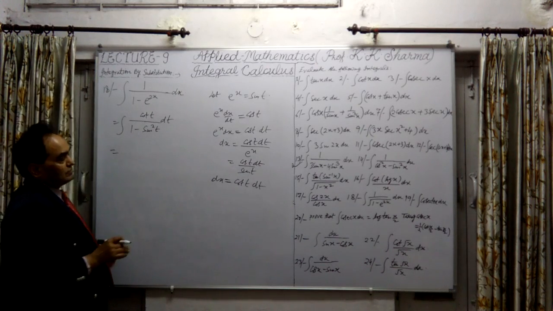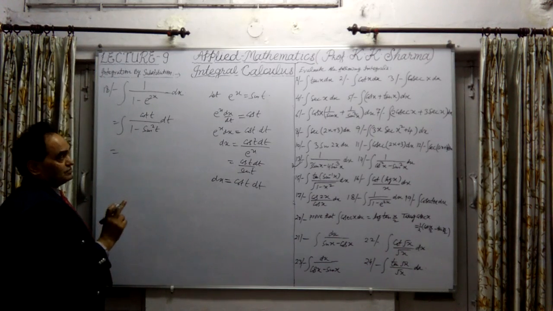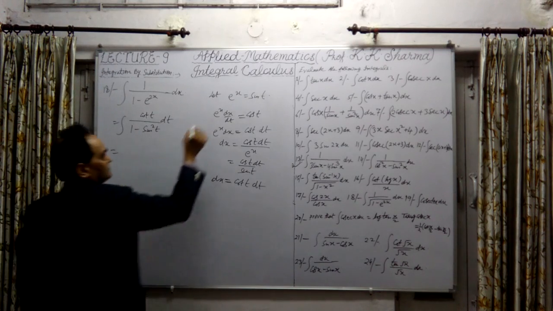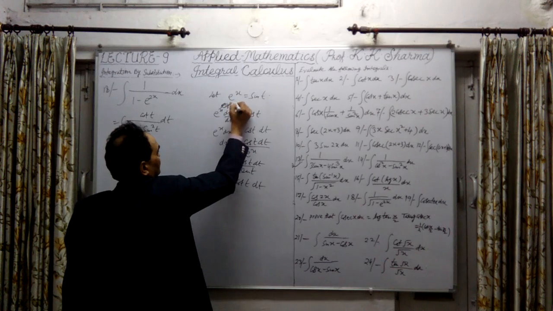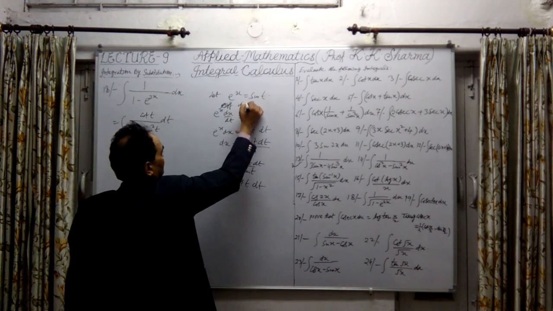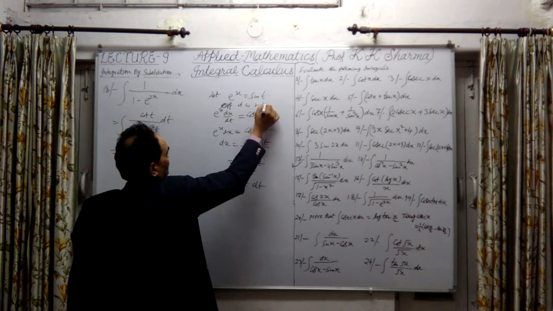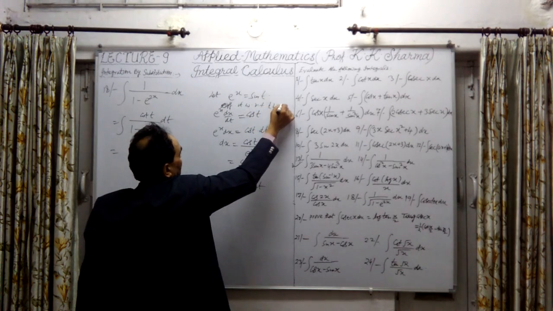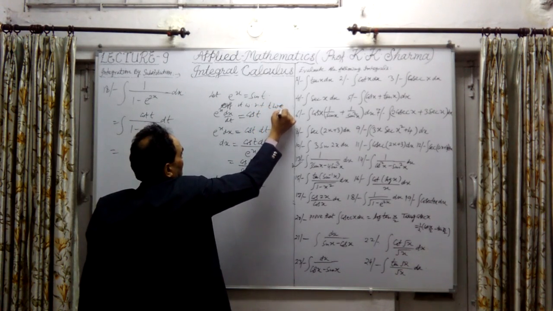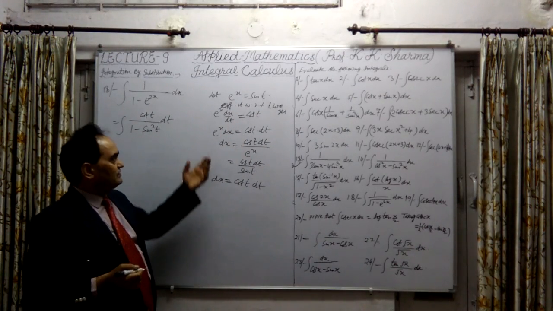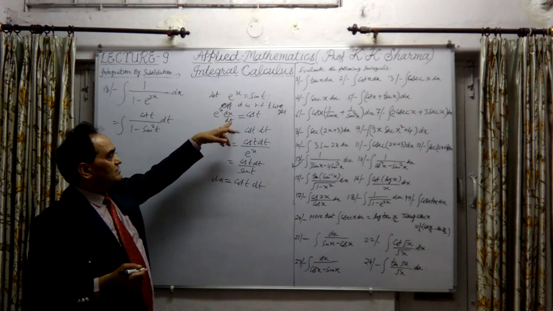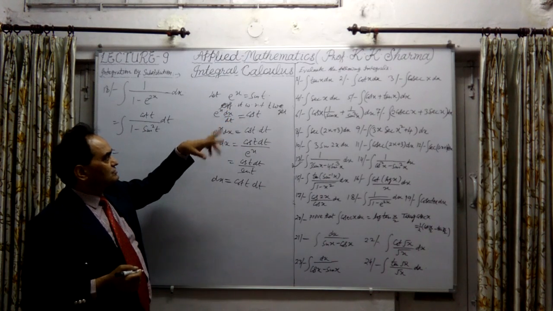What I've done here: let me substitute e^x as sin t, differentiating it with respect to t, we get dx upon dt equal to cos t.